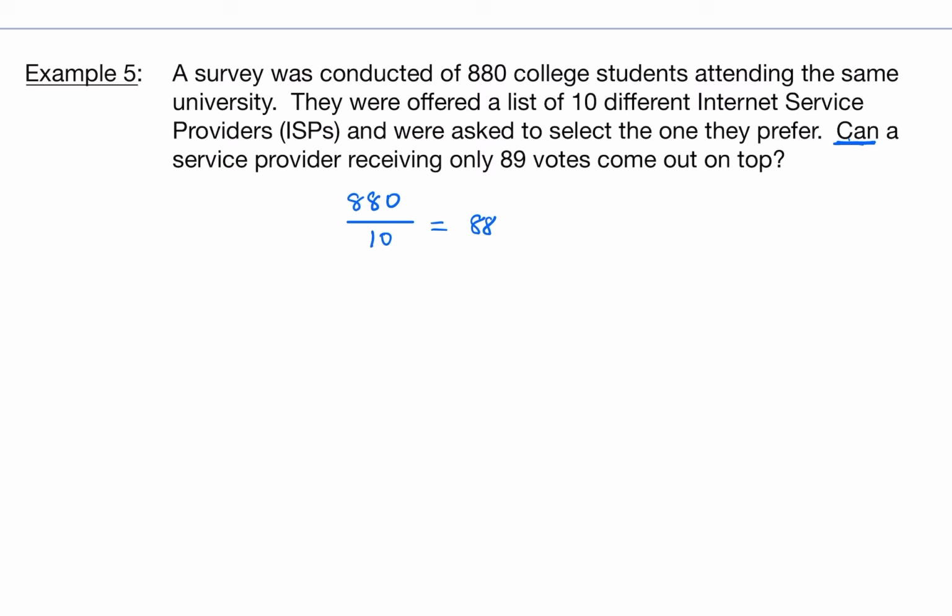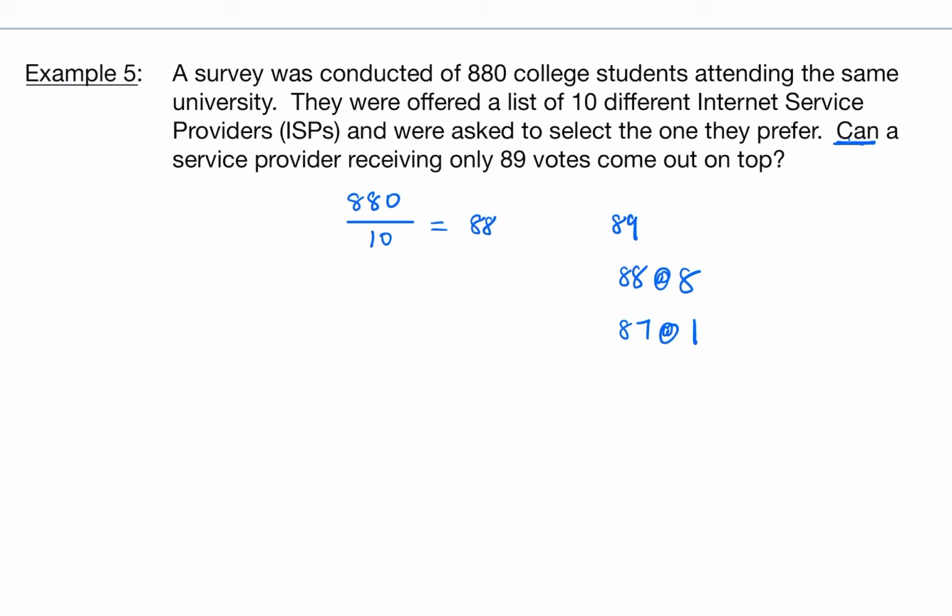However, if one of them ended up having 89 votes, then that means that 8 of the ISPs will have 88 votes potentially, and one will have 87.